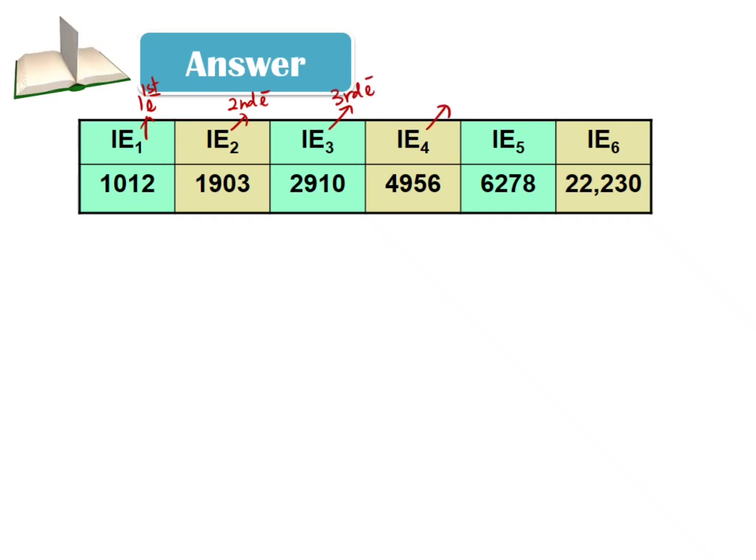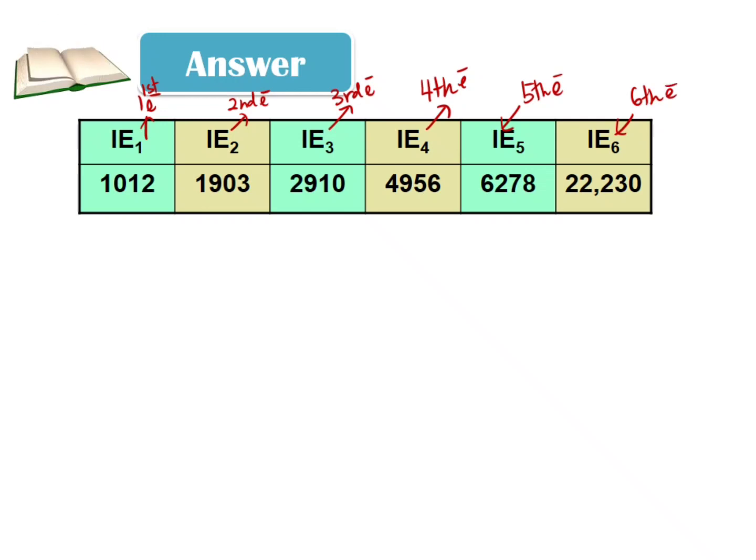So IE4 is fourth electron remove. Okay, so tenaga yang kita perlukan untuk buang elektron yang keempat. And fifth electron, ni adalah IE5, tenaga yang diperlukan untuk buang fifth electron. And IE6 adalah tenaga yang diperlukan to remove sixth electron.